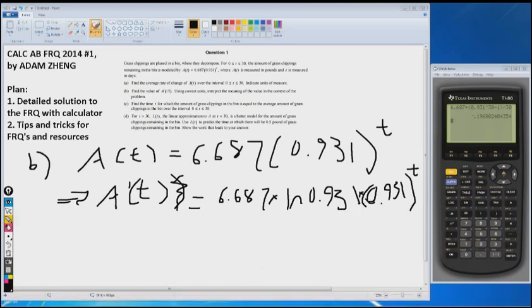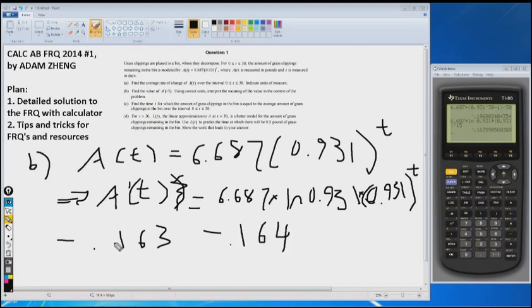So using this, we can plug in 15 and we will get minus 0.163. So we get minus 0.163, or if you round it, minus 0.164.